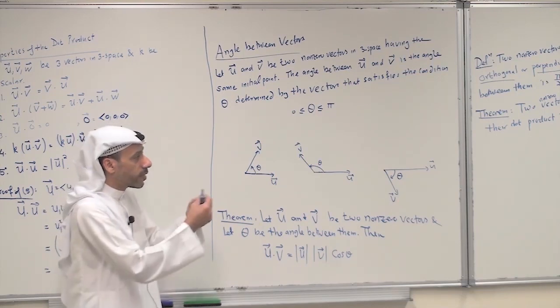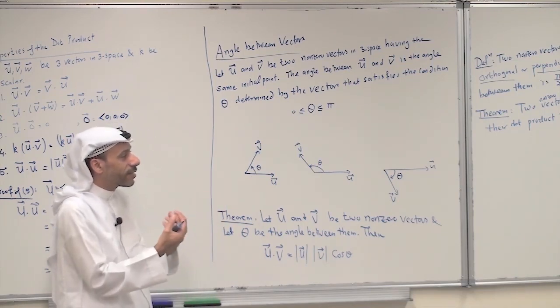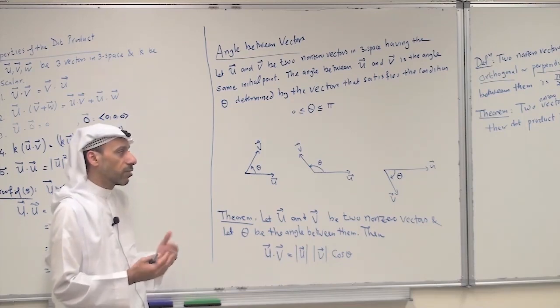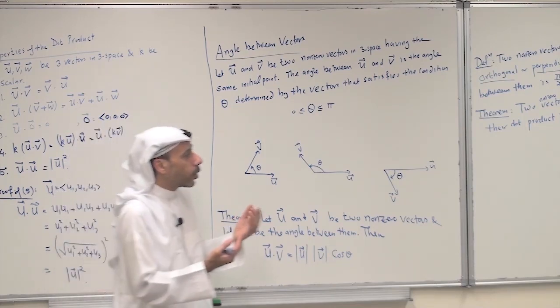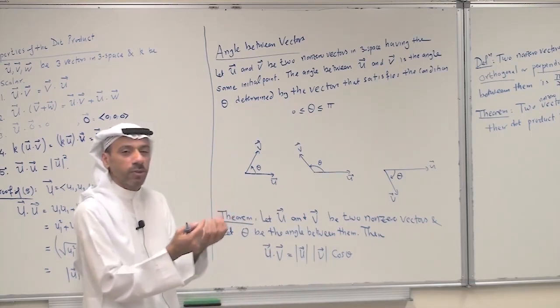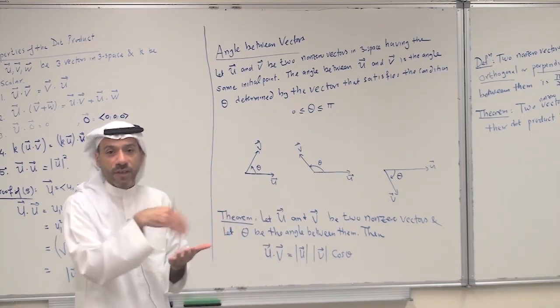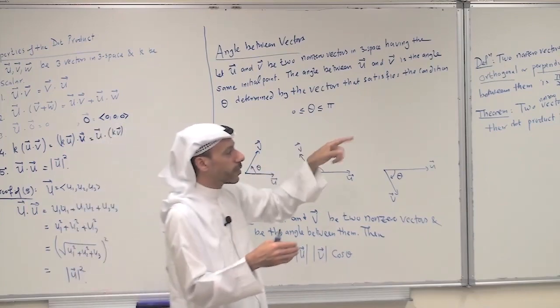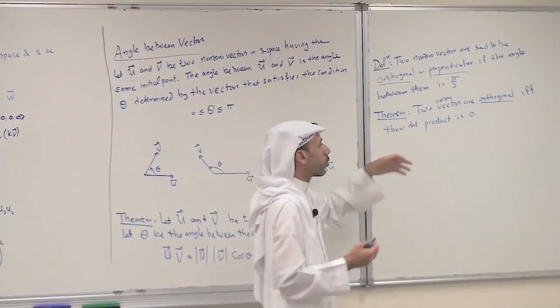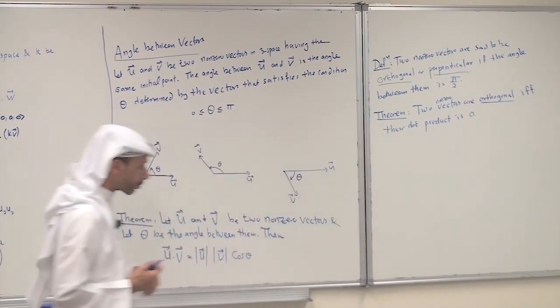So this is a test to decide the orthogonality of two non-zero vectors. Just a note: if one of the vectors is zero, in fact the zero vector is perpendicular to any vector. This is why we assume in this theorem that the two vectors are non-zero.